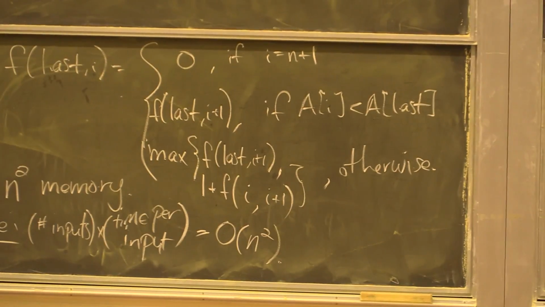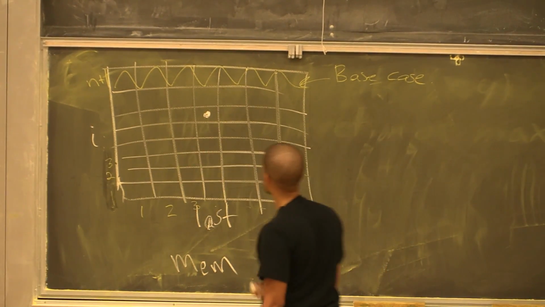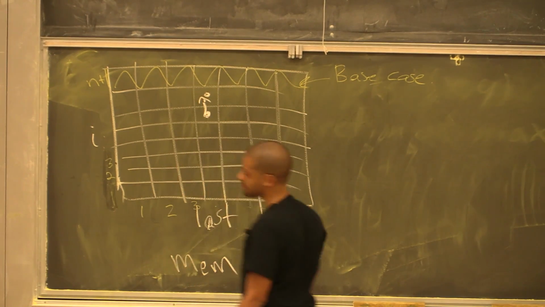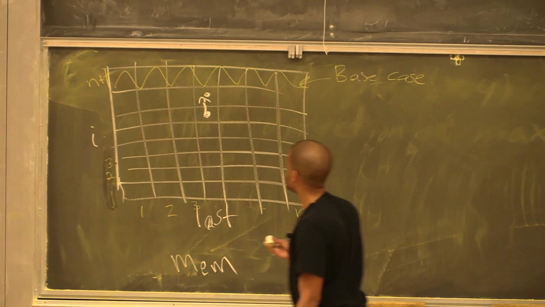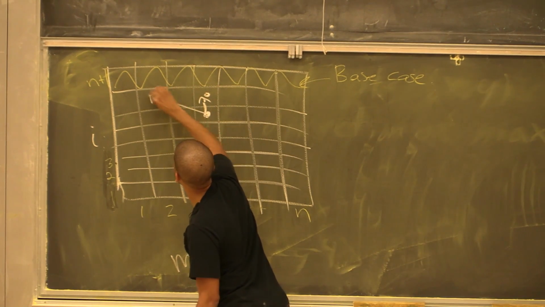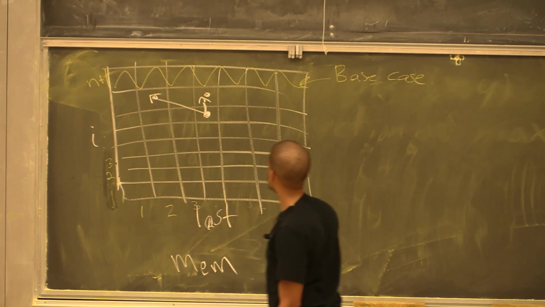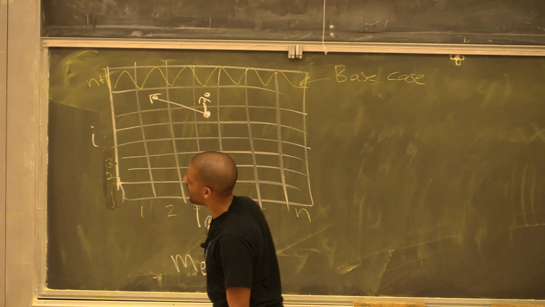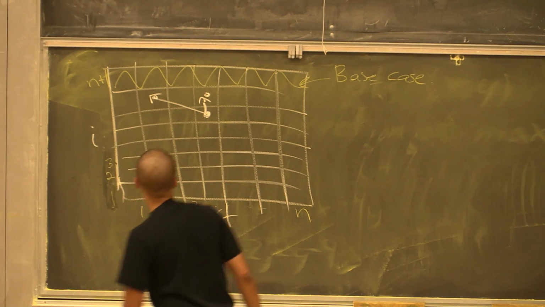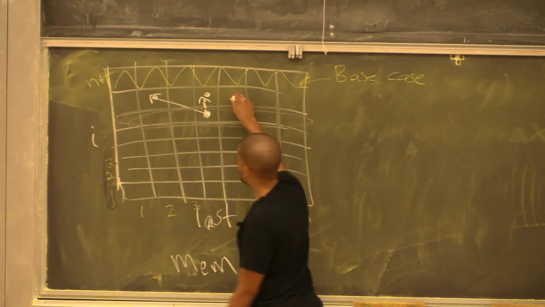So any entry here depends on f of last, I plus 1, the thing right above it. It also potentially depends on something else in that row, which is something like 1 off the diagonal. But the point is, all the answers in this row only depend on the previous row.